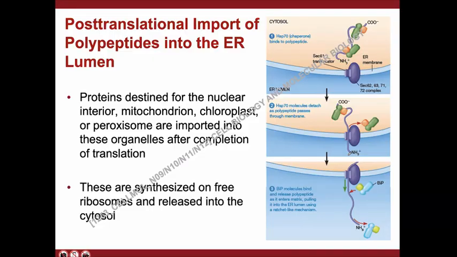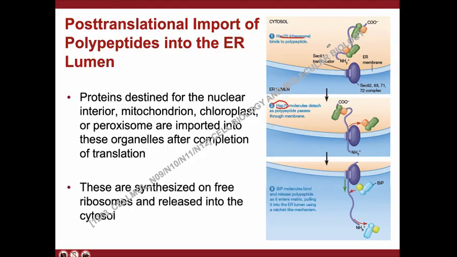A recently translated polypeptide initially associates with what we call the HSP70 chaperones. This allows the polypeptide to keep its unfolded form.